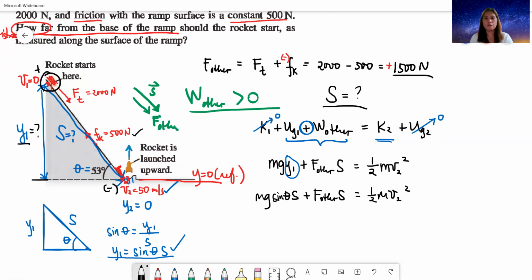We can easily solve for s using simple algebra. So we can factor out s from the left-hand side of the equation. So I'll factor out s. So this becomes m g sine theta plus F other equals 1/2 m v2 squared. Let's move this higher.